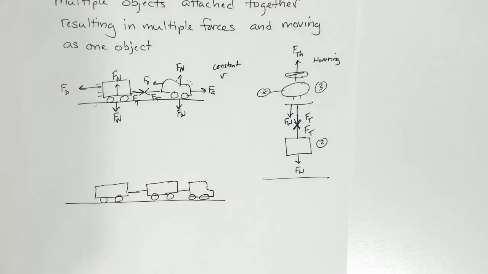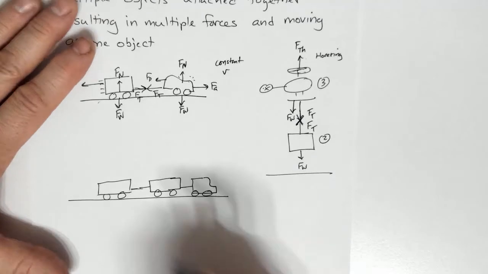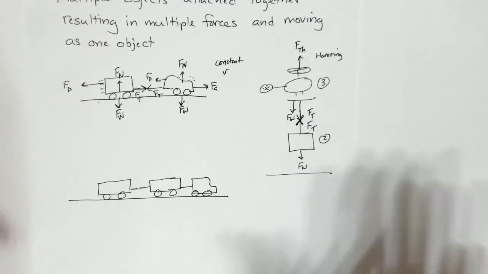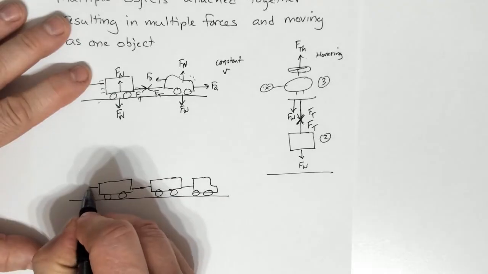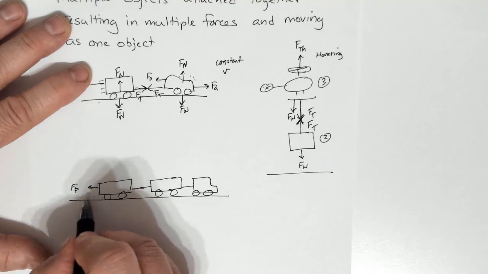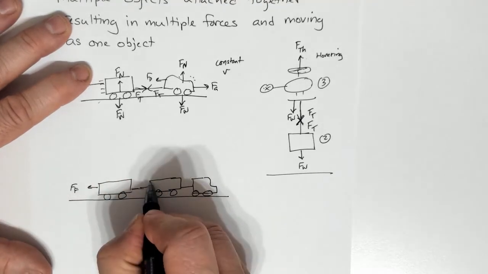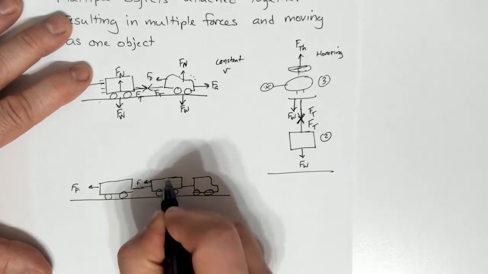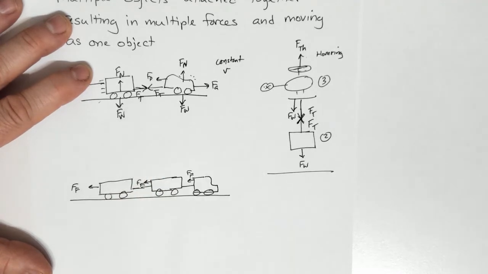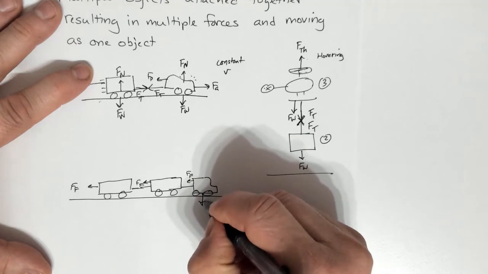So I know this is kind of a cheesy little thing, but how many forces are on each of these objects? Well, let's say we do have friction this time. We know we have a force of friction on the road. And let's say we actually don't have any air drag. Let's just say we have friction on the road. We know each one of these has a weight.